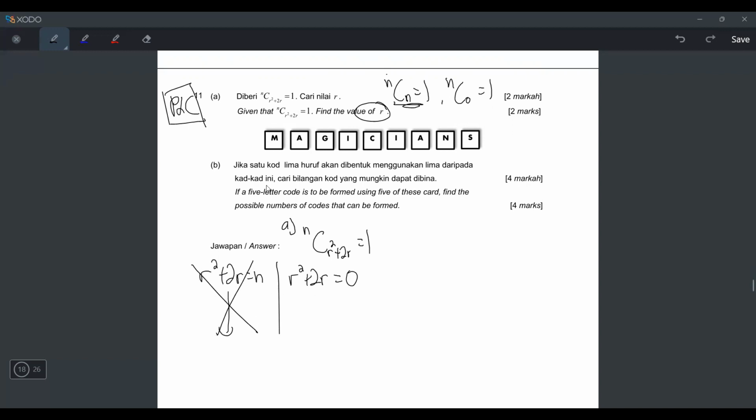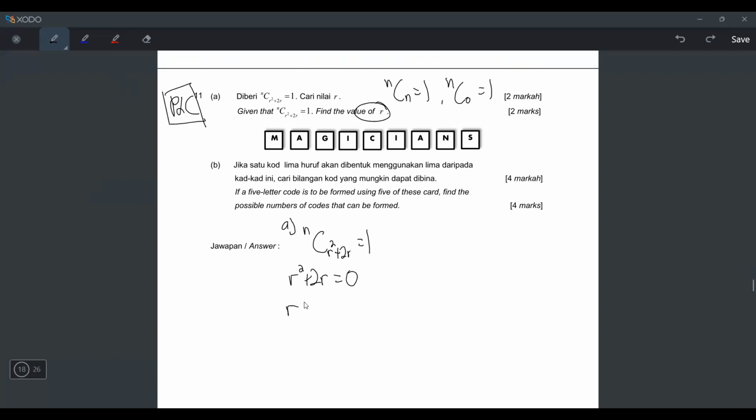Unless the question says express r in terms of n, then maybe I will do it like this. But they want you to find the value of r. So if I want to find the value of r, I have to assume that this is 0, and only then can I find the value of r. Because if I do the other way, you will end up with 2 unknowns.